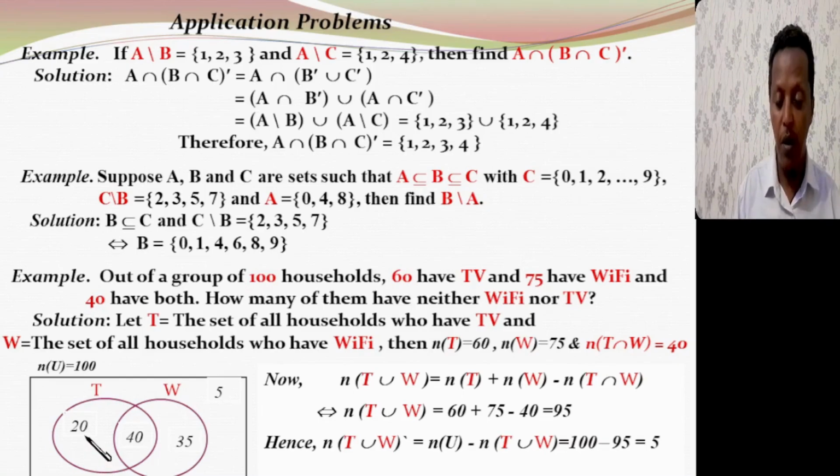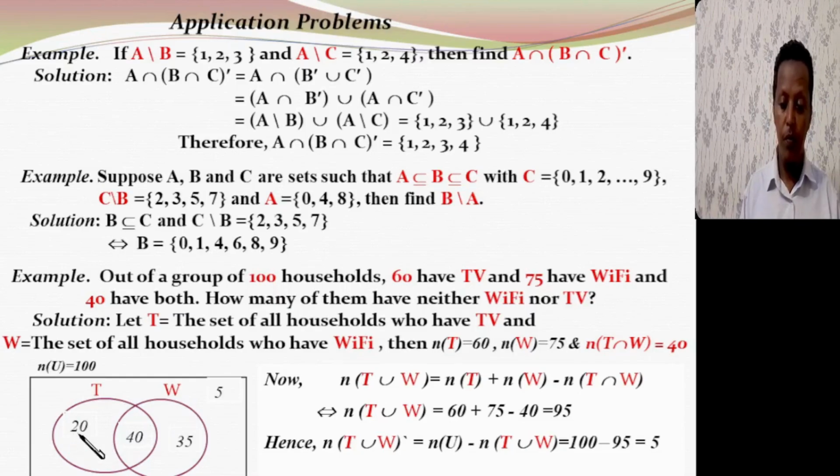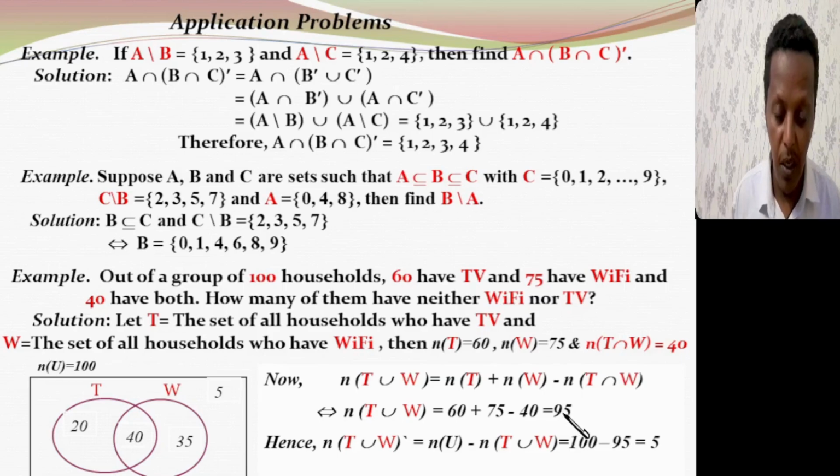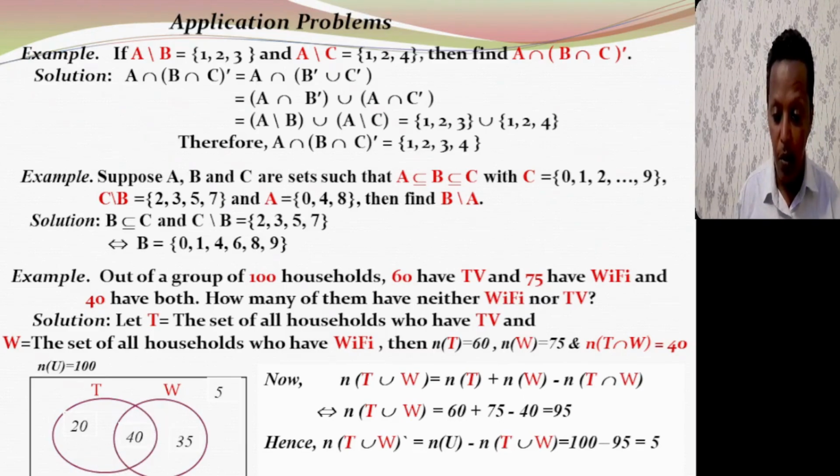Wi-Fi without television, 35. TV without Wi-Fi, 20. So total T union W, 20 plus 40 plus 35, gives you 95. So 95 households have TV or Wi-Fi. Neither of these two sets, that is 5, the number of elements in (T union W) complement.